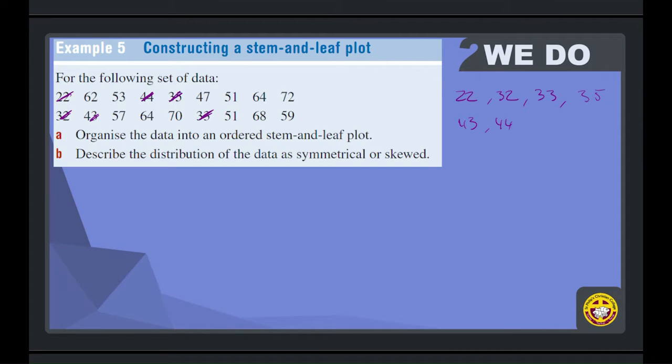Any more 40s? No more 40s. There's two 51s. 53 and a 57. And a 59. I almost missed that one.